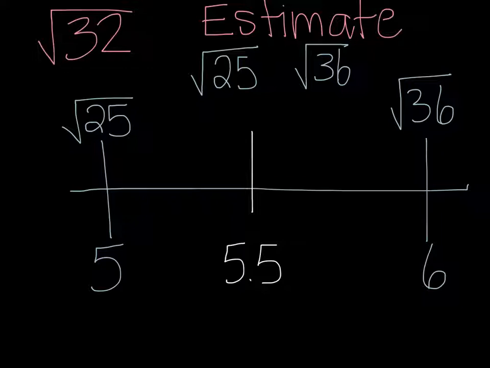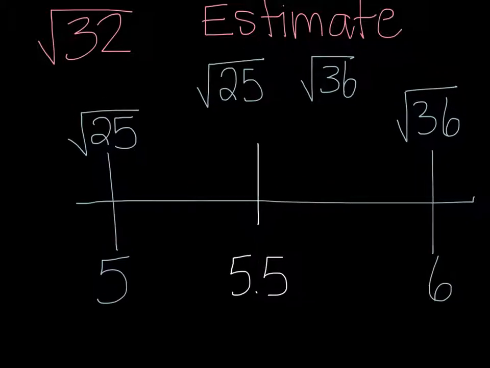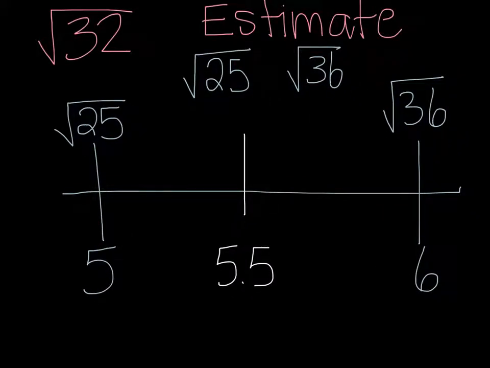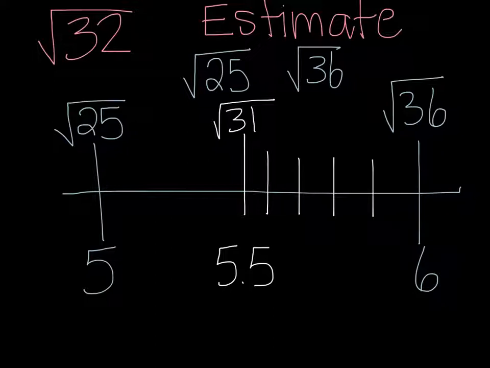In between 25 and 36, there are approximately 11 places. That means that the middle will be about 6. So if I add 6 to 25, my middle piece will be approximately the square root of 31. I'm looking for the square root of 32. Now if I can place 5 places in between here, not quite evenly, but I can still see the trend.